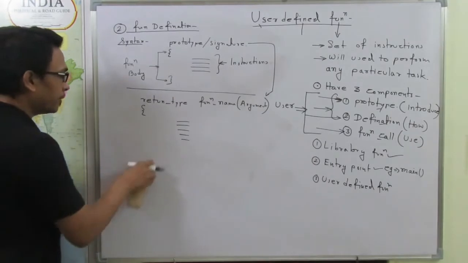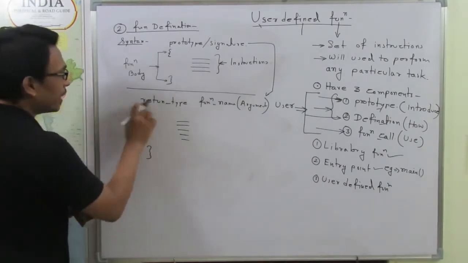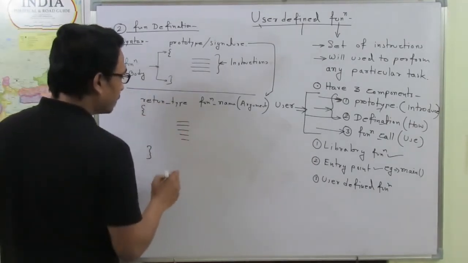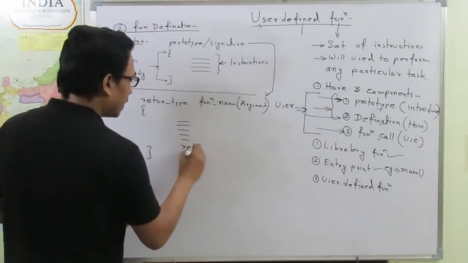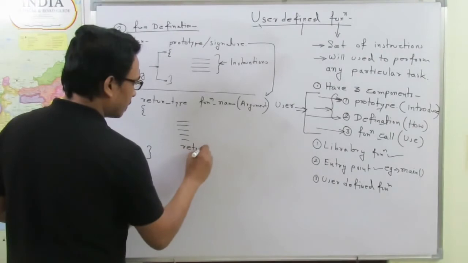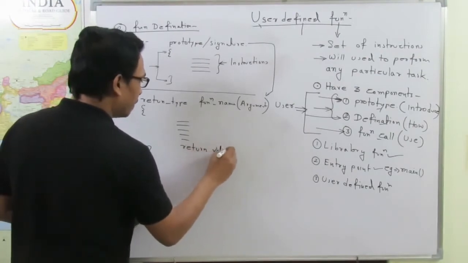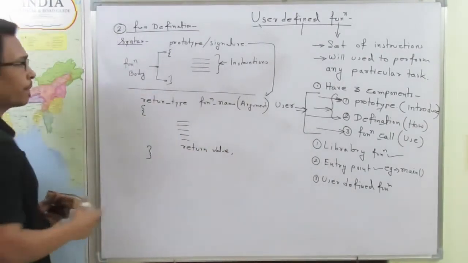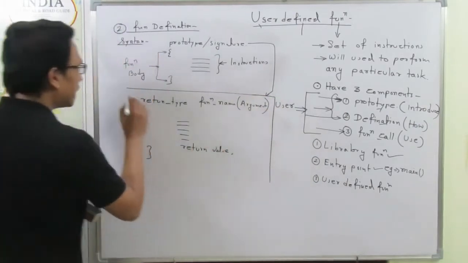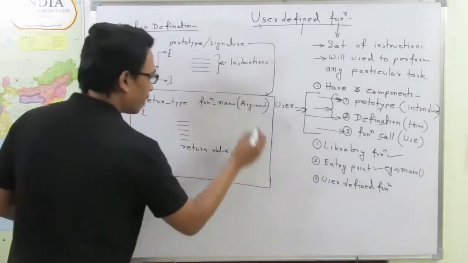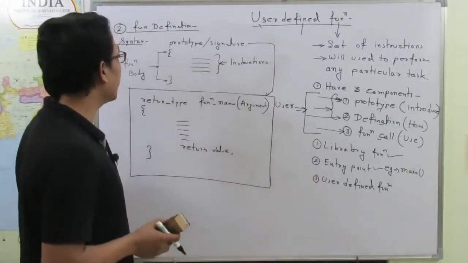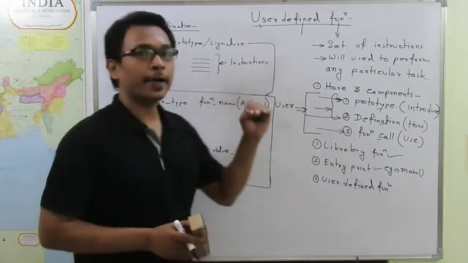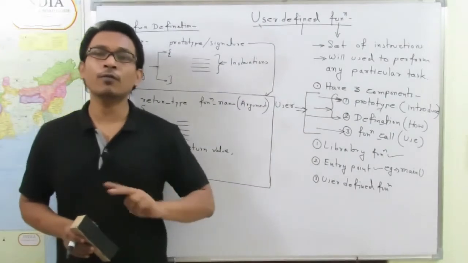Clear? And based on the return type, at the end of all the instructions we will use the return statement, return then value. Clear? So this is our actual syntax for any function definition. Clear? So we already defined two prototypes for two functions.